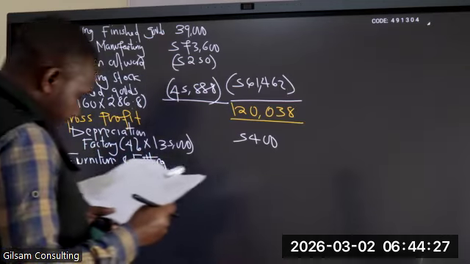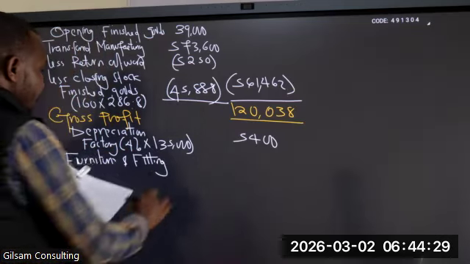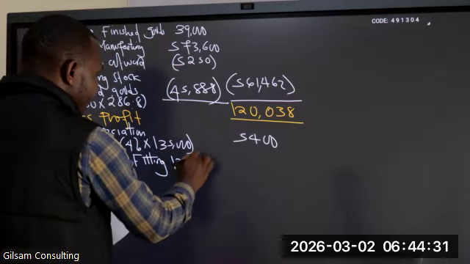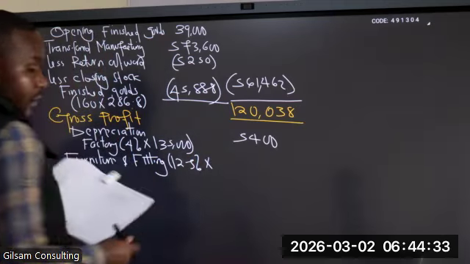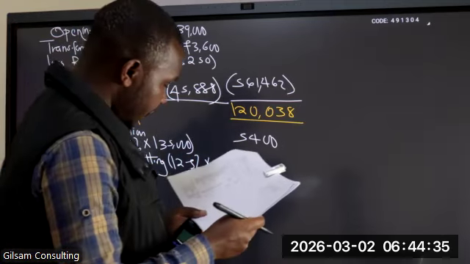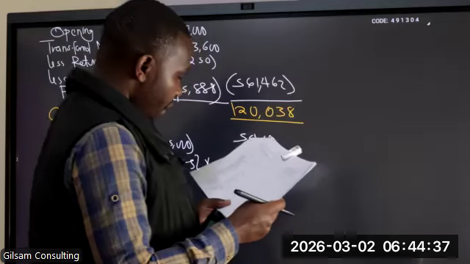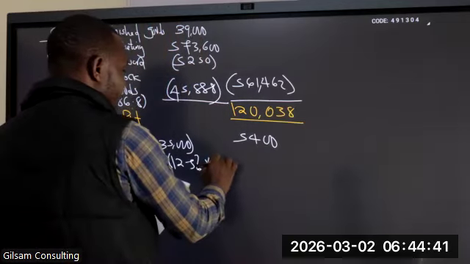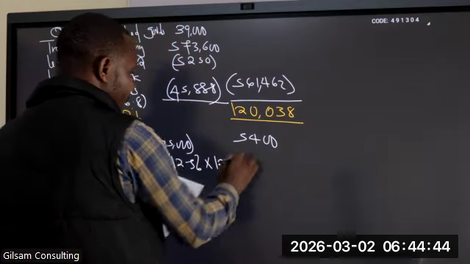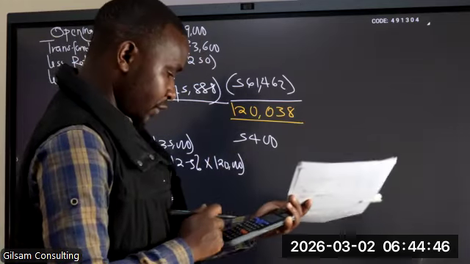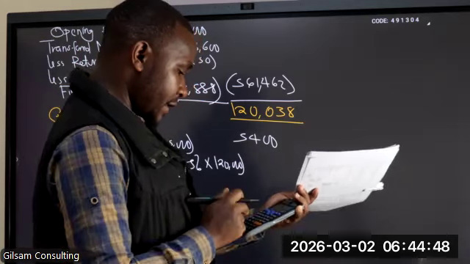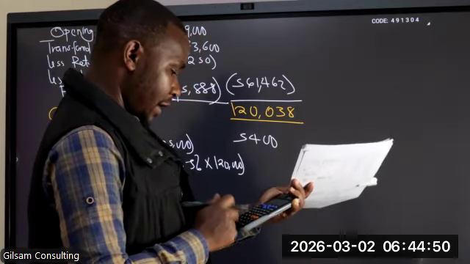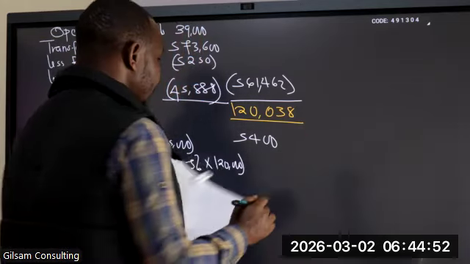Furniture and fitting, 12.5% on a straight line again, which is on the furniture 120,000. So 12.5 divided by 100, multiplied by 120,000, giving us 15,000.